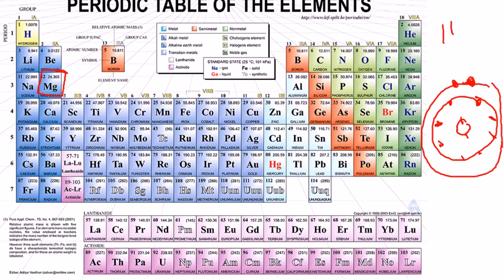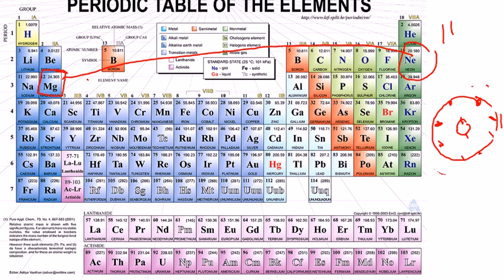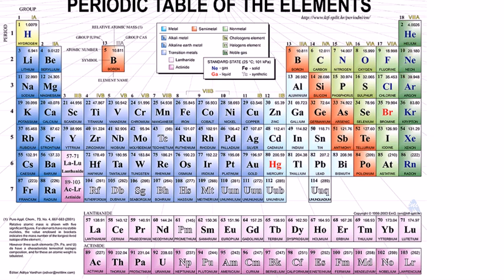So if magnesium were to get rid of those 2 electrons, what would be left over is a shell that has 8 electrons in it, and magnesium would basically be able to pretend like it was neon with 8 electrons in its valence. So this is very interesting.